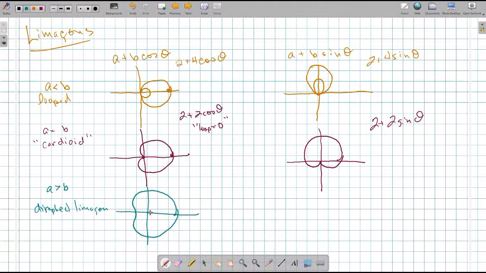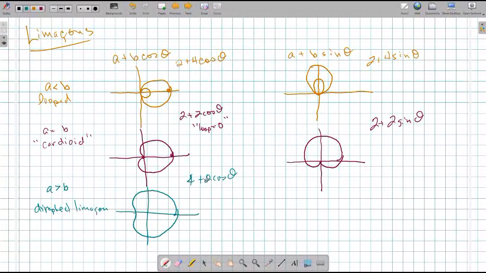Not actually making it back to the origin. If I was to have something like 4 plus 2 cosine theta, this distance here is 4, but this distance from the origin to here is going to be 4 minus 2, or 2 units away.